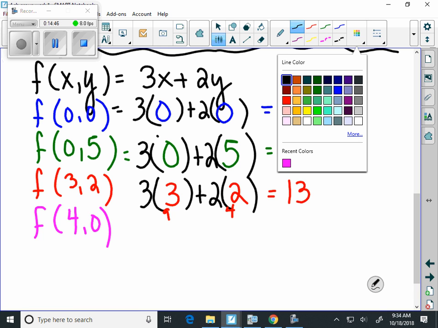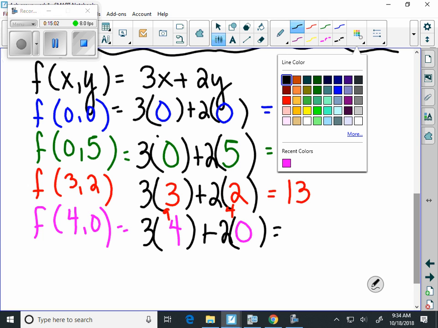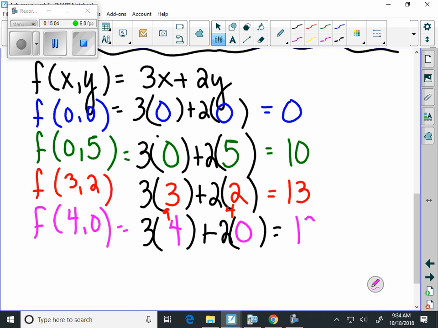And lastly here, 4 pans of corn muffins, 0 pans of bran muffins. And when we do the math there, whether we do it in our head or in our calculator, we get 12.